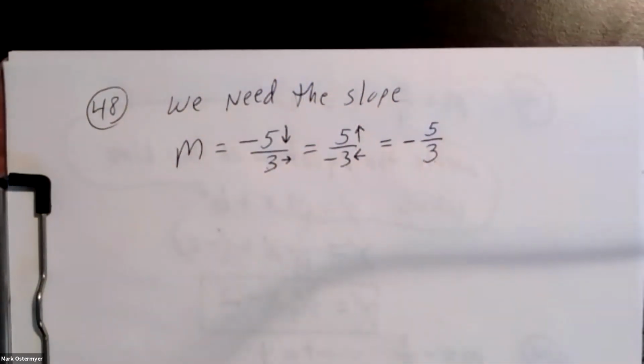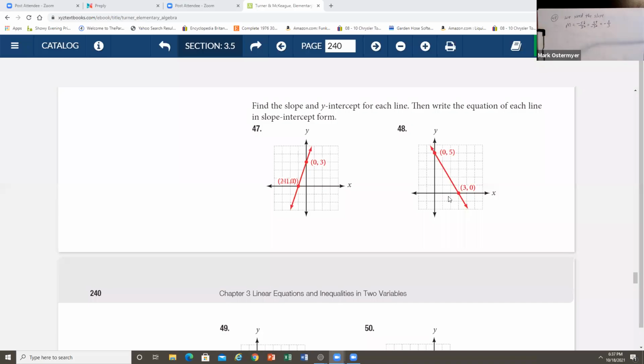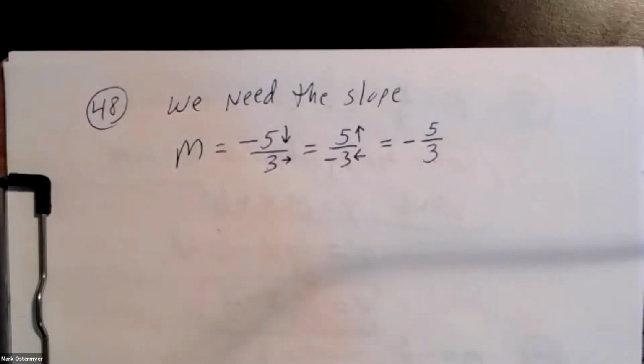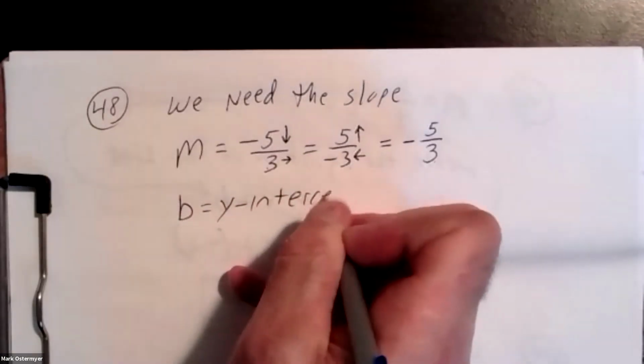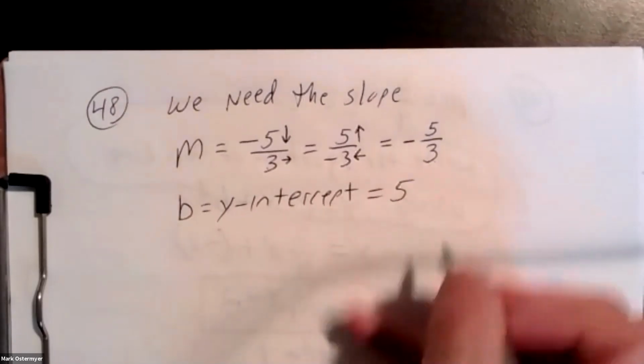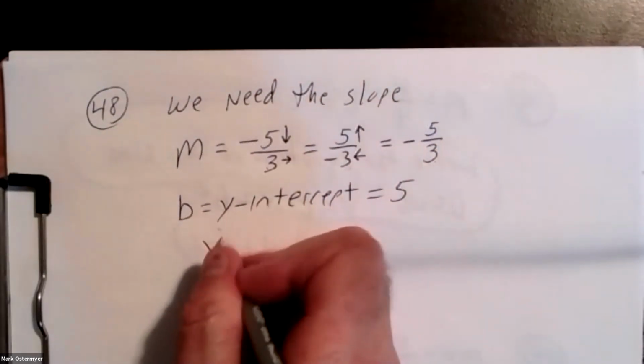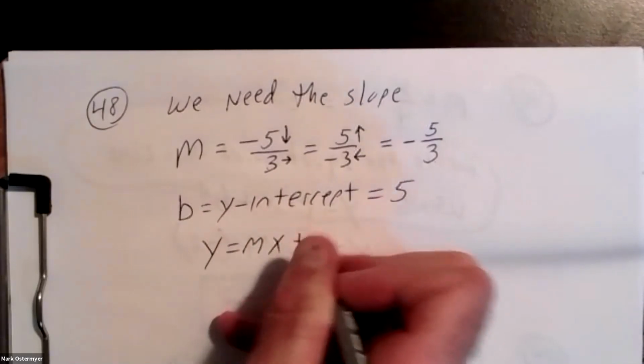Okay, what else do we need to know? We need to know the slope of the line, but we also have to know its y-intercept. What is the y-intercept? (0,5), or we can just say 5, correct? So now we know that our b, which is our y-intercept for this line, is 5. We can write the equation of this line now using our slope-intercept form, y equals mx plus b.